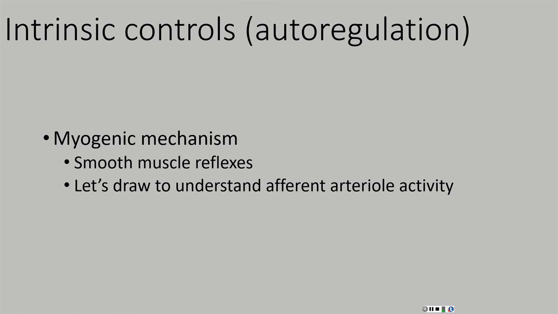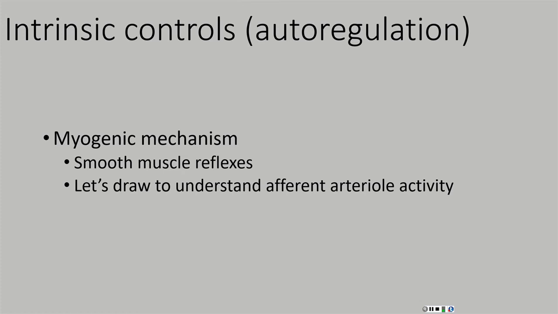There's two different ways that we have of autoregulation. The first is the myogenic mechanism. Myo means muscle. Gen means created by. So the myogenic mechanism is created by the muscle built into those afferent arterioles.